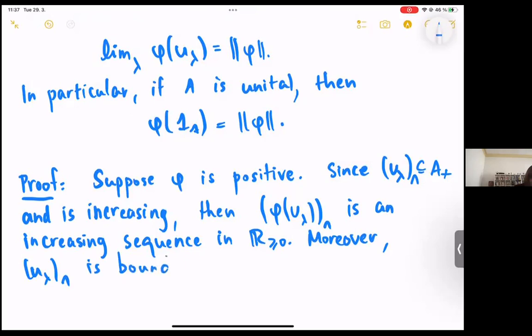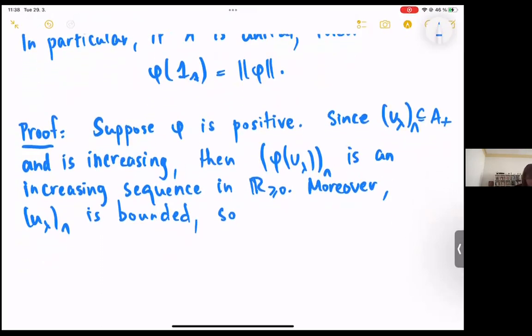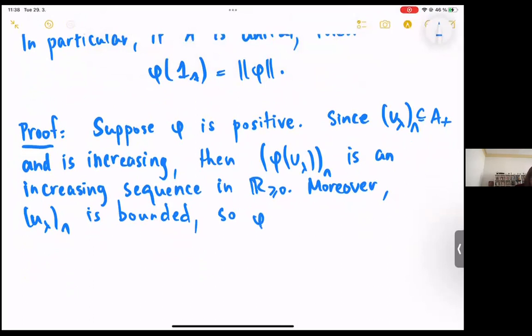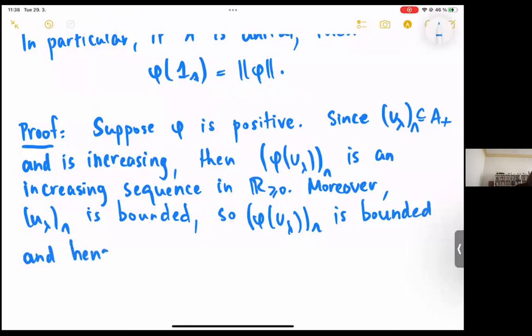So recall these are all in the unit ball of our C-star algebra. So this means that the sequence converges to some positive real number.